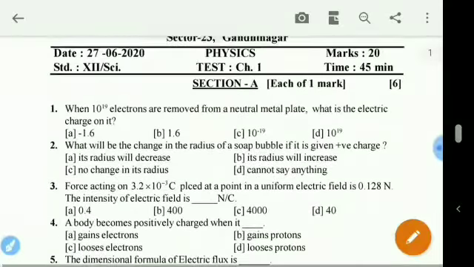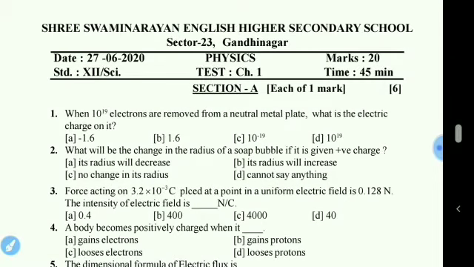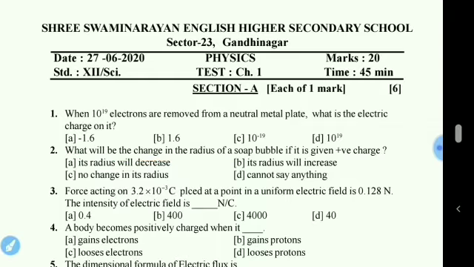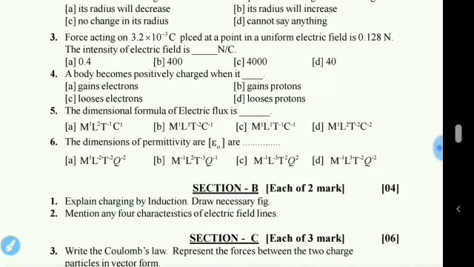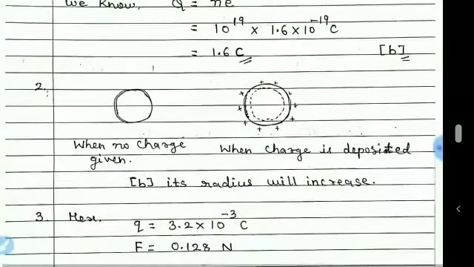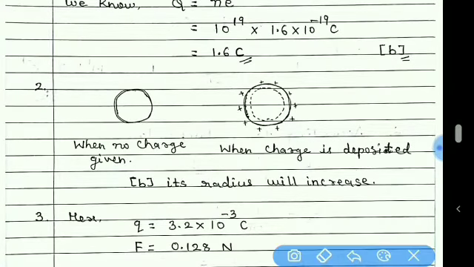Now MCQ number 2. What will be the change in the radius of a soap bubble if it is given a positive charge? Now here a positive charge is deposited on a soap bubble. So this is the initial condition of a soap bubble when no charge is deposited.